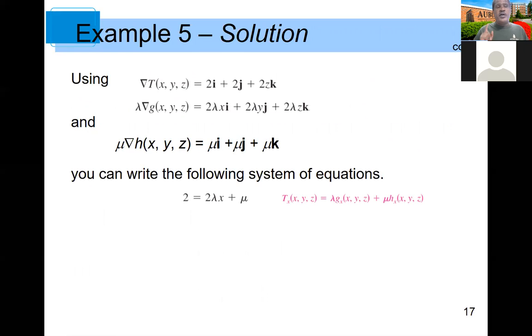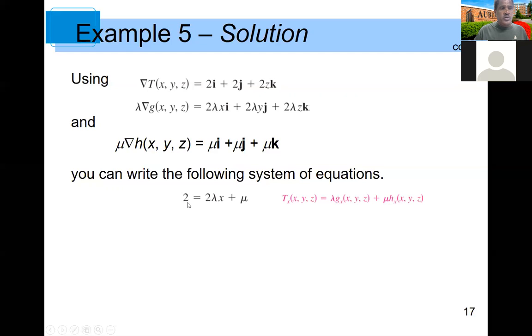Now, you have to find equations. You have to equate the i components, okay? This one is del T equals lambda times del g plus mu times del h. So 2 is equal to 2 lambda x plus mu.